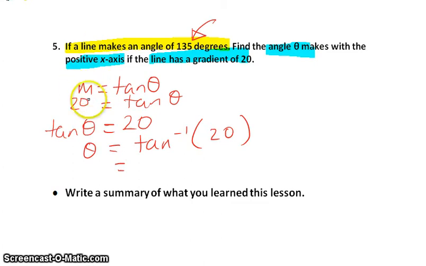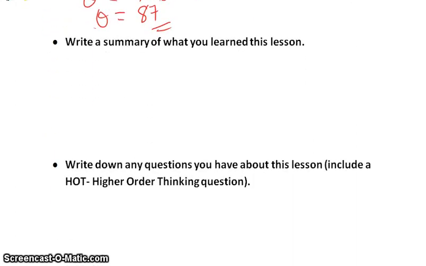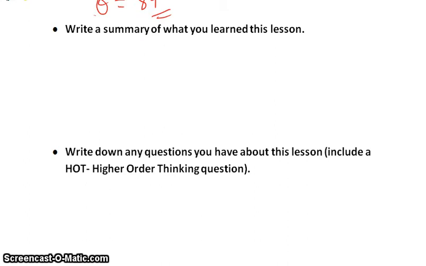It doesn't tell me how to leave my answer, so I'm just going to leave it to the nearest degree, and I got 87 degrees. Okay, so that's theta. So that just kind of puts you up to speed with finding the gradient of a line and what it is, and different things that we've gone over last year.